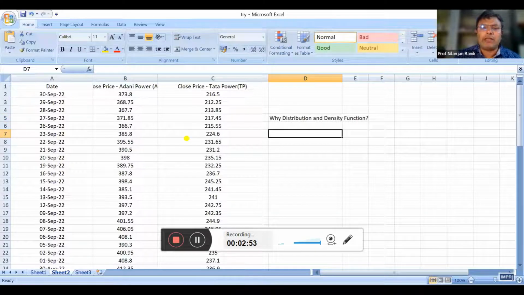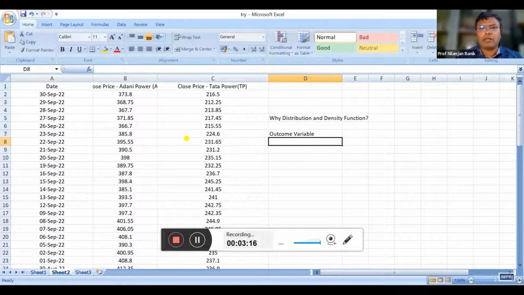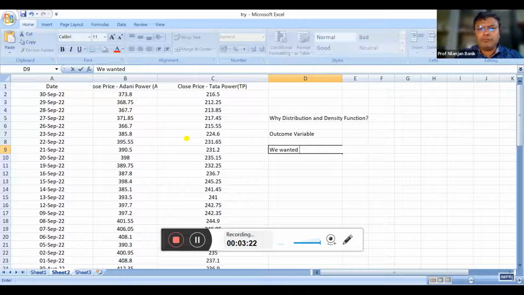We said that if we want to understand any outcome variable, and which sample is performing a better job in terms of the outcome variable, we need to understand the distribution function, or for that matter, the density function.